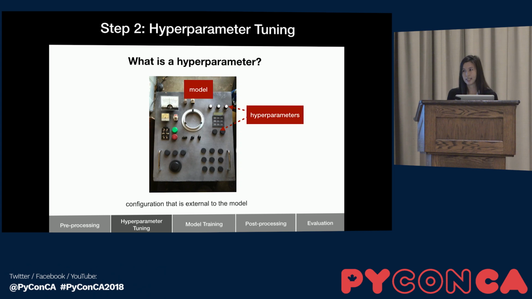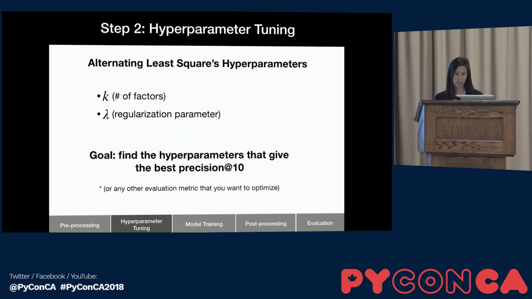The issue, though, is that it's an external property of our model, so we need to try out all of these different combinations of hyperparameters and find out which ones give us the best results. So in this particular example, we're going to be tuning two hyperparameters of alternating least squares.